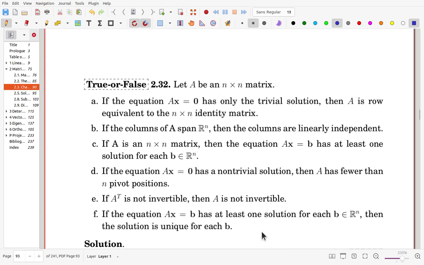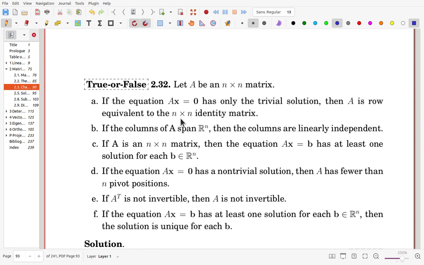Here we now have a true or false problem. A is an n by n matrix for every statement. If the equation Ax equals 0 has only the trivial solution, then A is row equivalent to the n by n identity matrix.